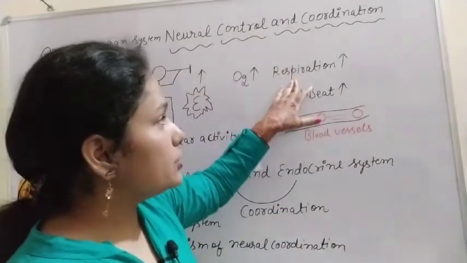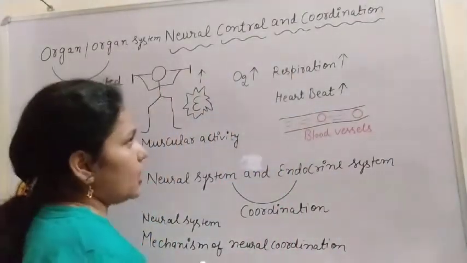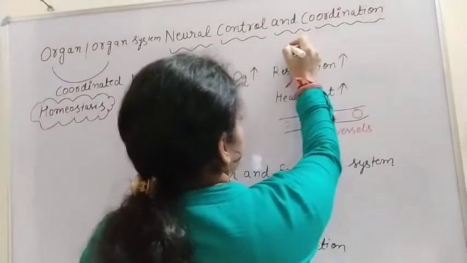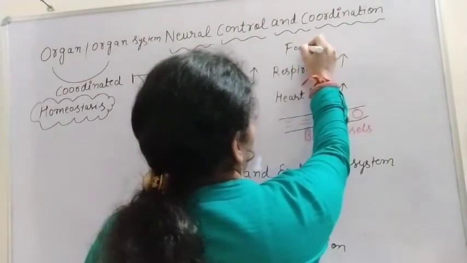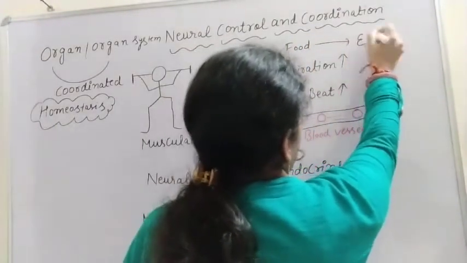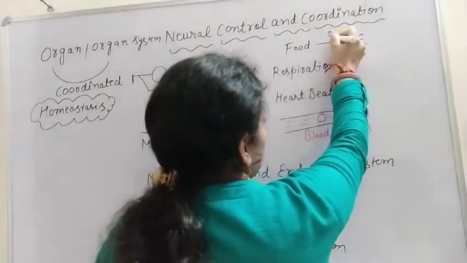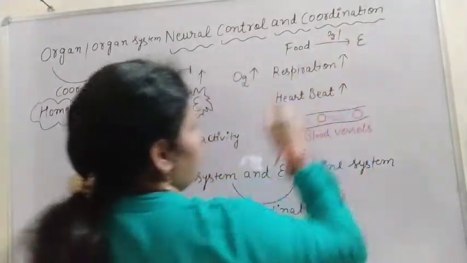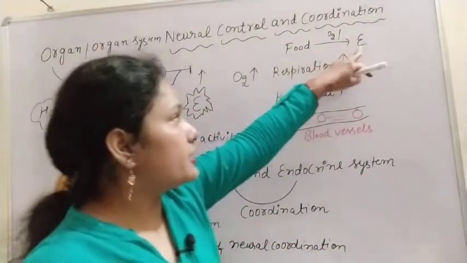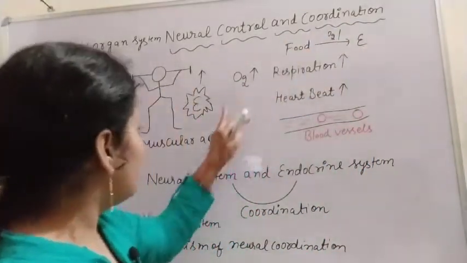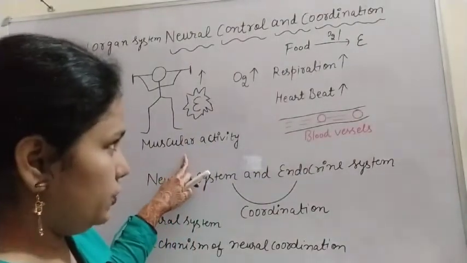What is respiration? Respiration is the breakdown of food to release energy, and it takes place in the presence of oxygen or in the absence of oxygen also. The energy is used to do the muscular activity.